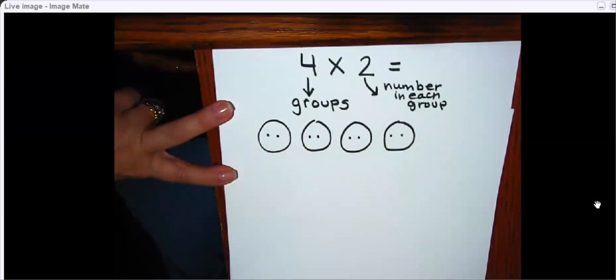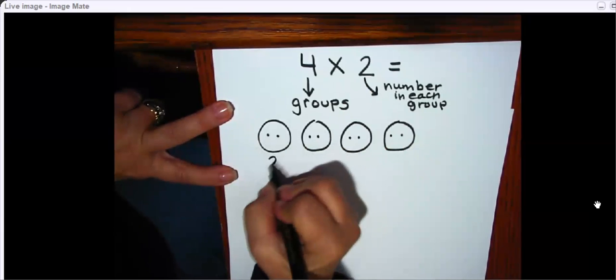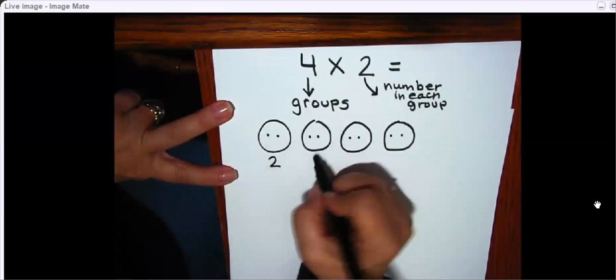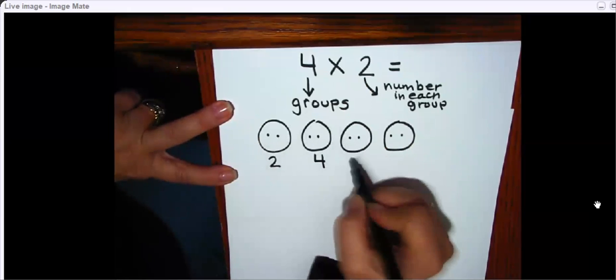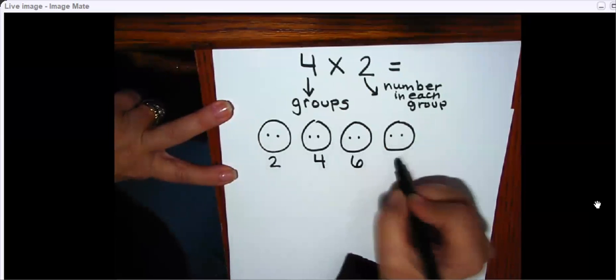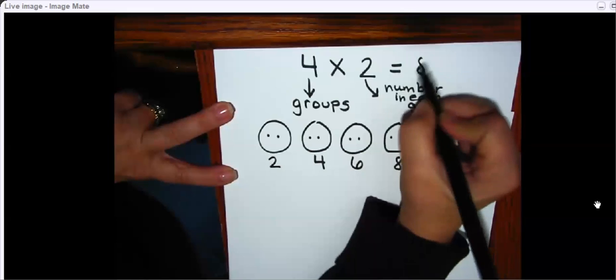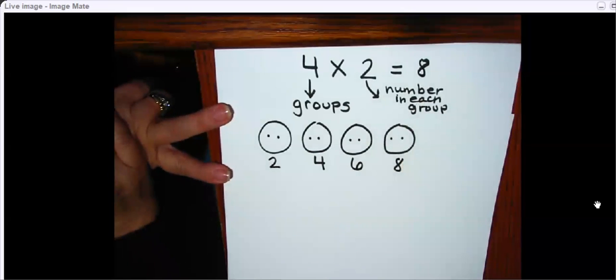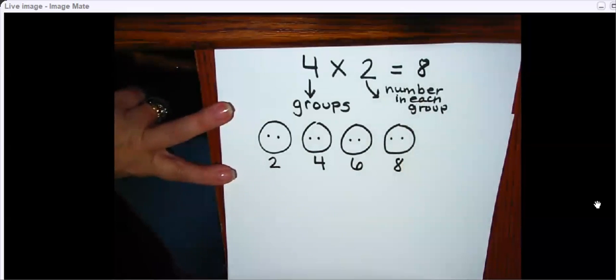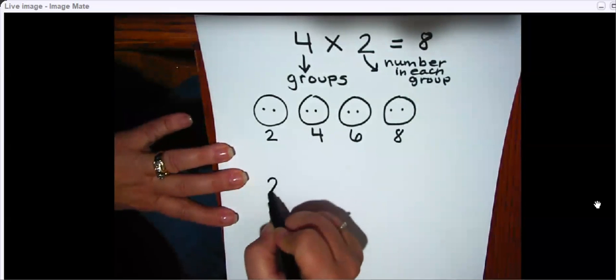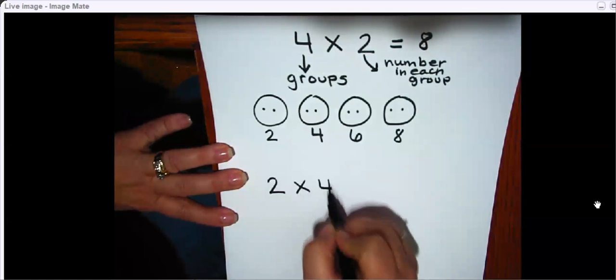And then I go through and I count. So it's 1, 2, 3, 4, 5, 6, 7, 8. So 4 times 2 is 8. Okay. But then again, we can switch our numbers and do 2 times 4.